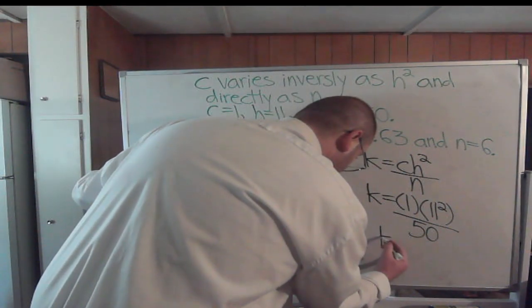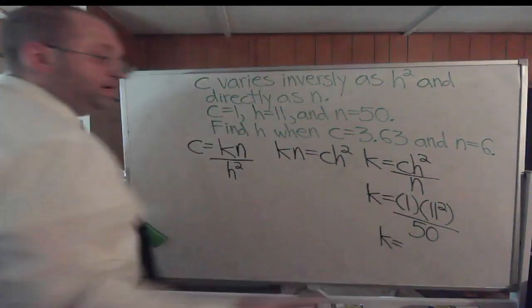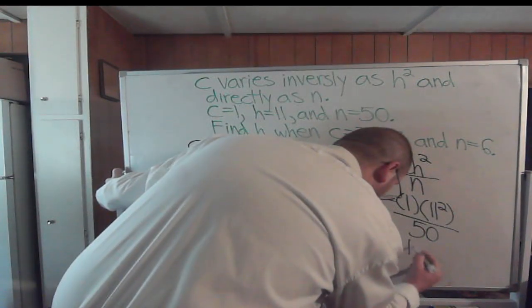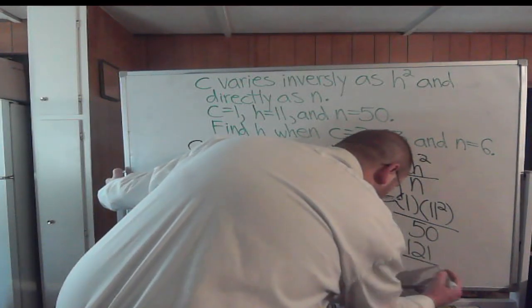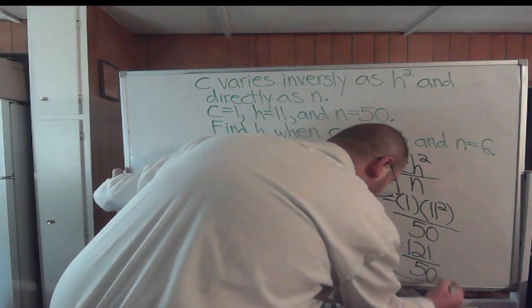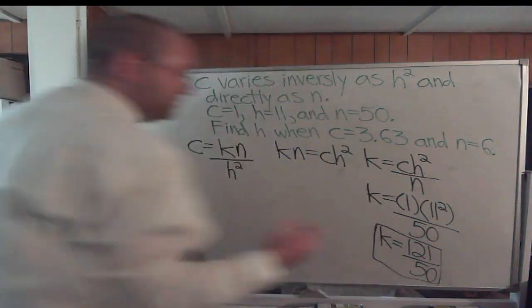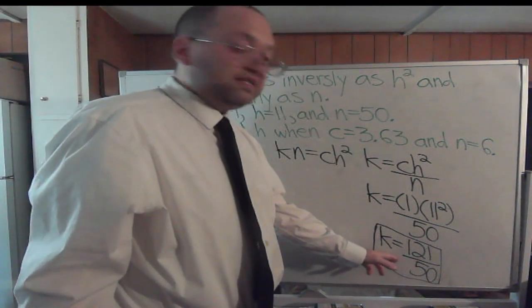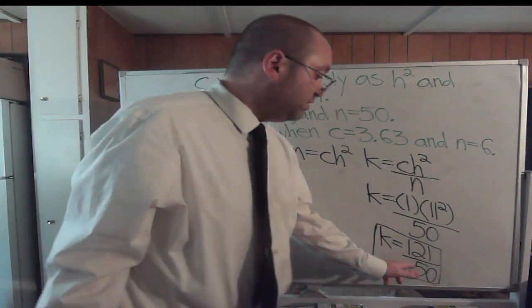Well, this won't be too bad. That 1 can go away, because anything times 1 is itself. 11 squared, that's 121. So what you're left with for your constant of variation is k equals 121 over 50.